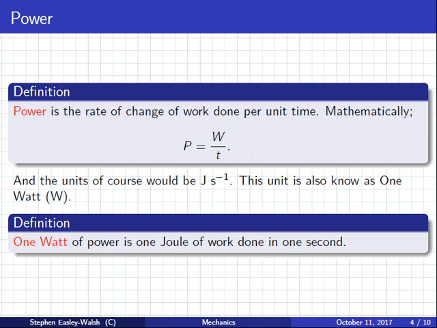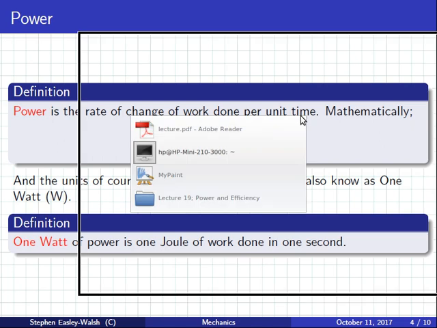You have this? Yeah. By the way, the unit is named after the person, James Watt. But it means you could actually make a sentence like this.